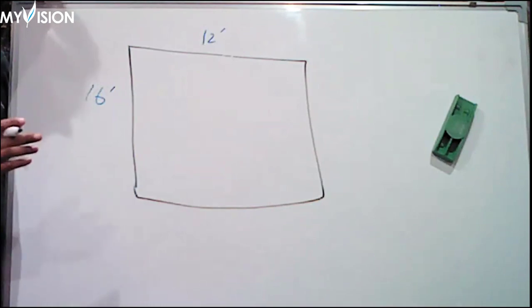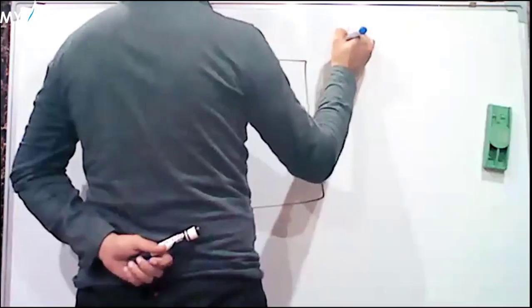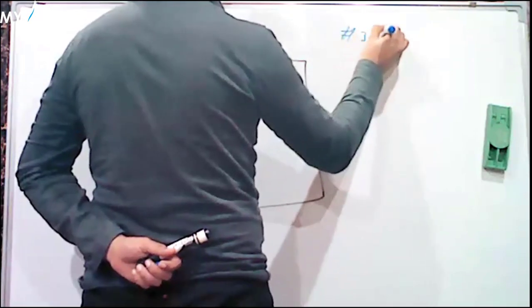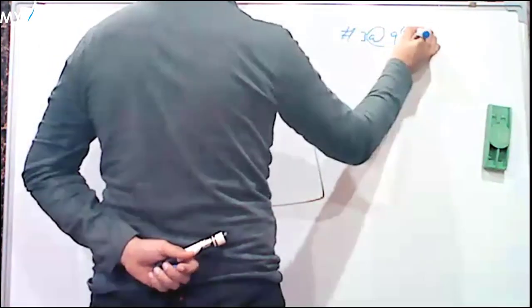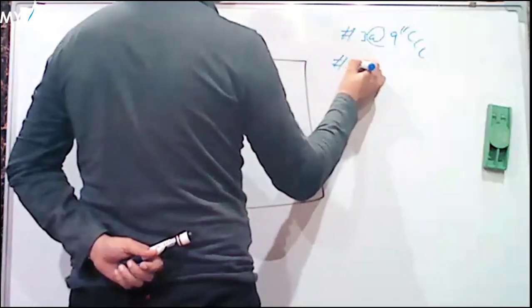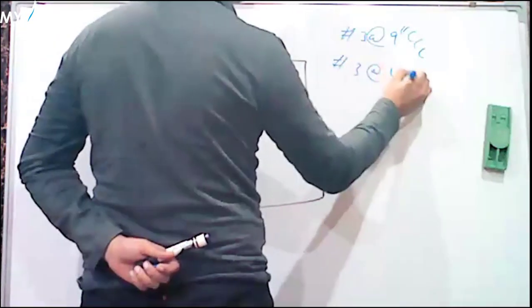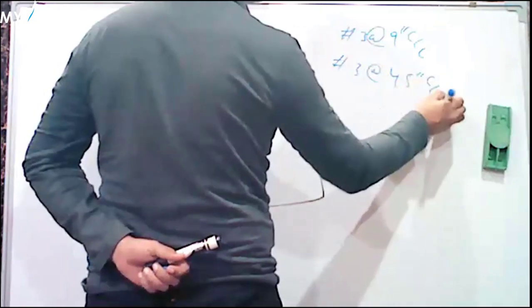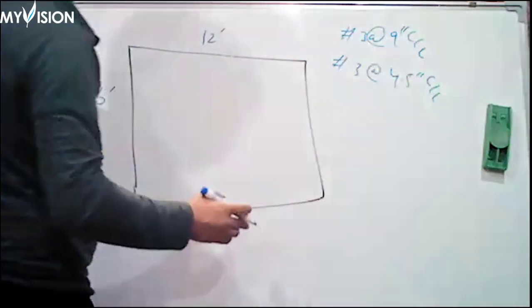But the question arises, some values are number 3 at the rate of 9-inch center to center. What does it mean? Some values are number 3 at the rate of 4.5-inch center to center. Why have I selected these values?